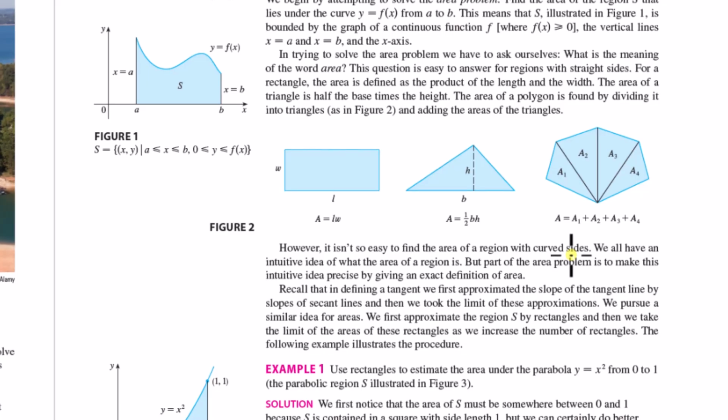Okay, and so now, first of all, you might be thinking, well, what about a circle? Don't we learn the area of a circle in basic geometry? Well, this is a special case in that the area of a circle was officially defined well before calculus.